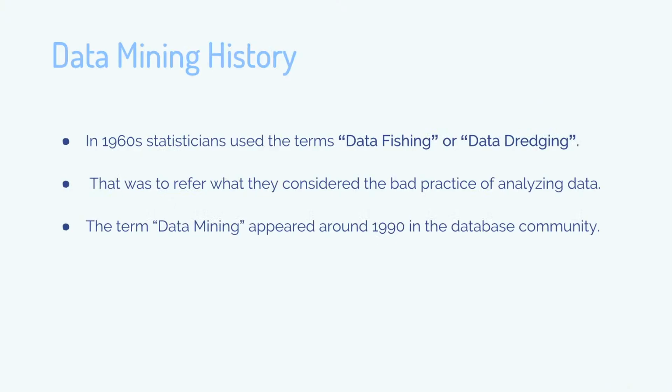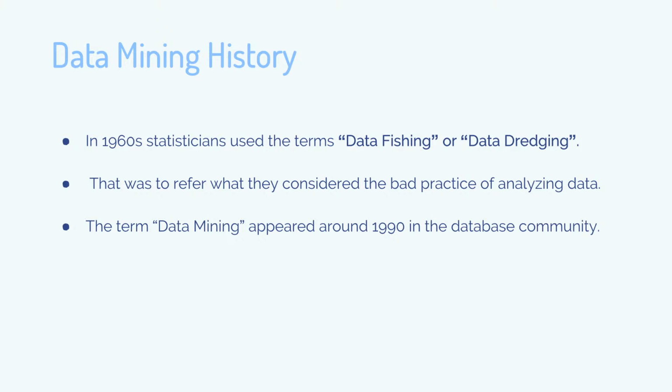First of all, we see the history, because in the 1960s a few people, statisticians, were working on this. Statisticians are the people who work on data-oriented jobs and do some manipulation with that data. Before it was named data mining, they called it data fishing or data digging.